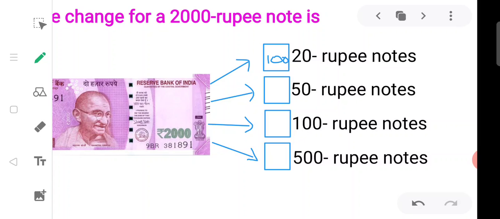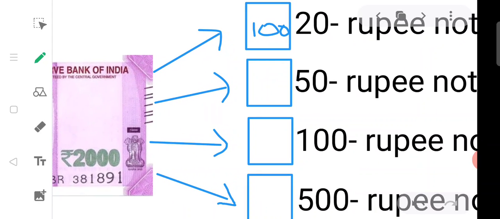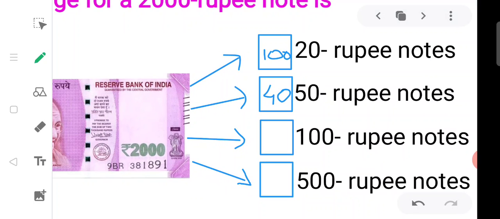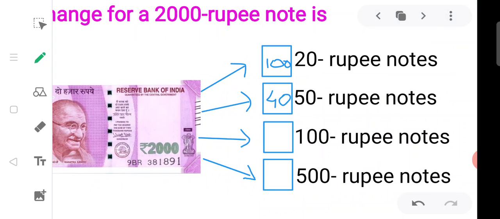How many notes of 50 rupees do we need for 2000? 2 notes of 50 rupees make 100 and 4 notes of 50 rupees make 200. So here we need 40 notes of 50 rupees to make 2000.